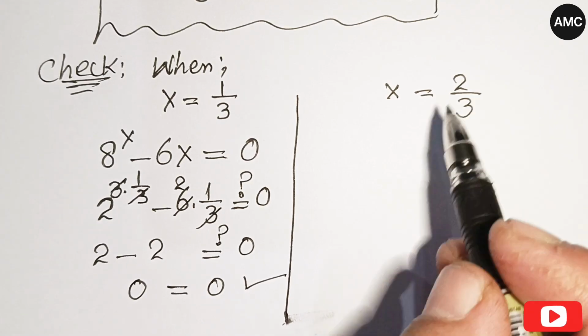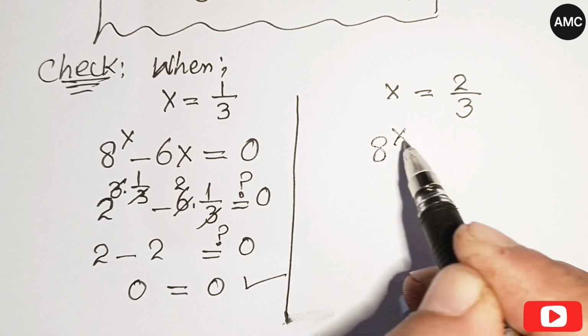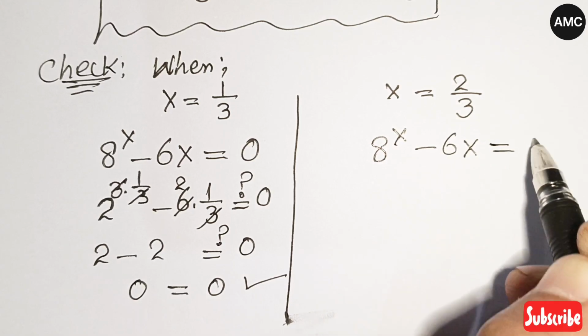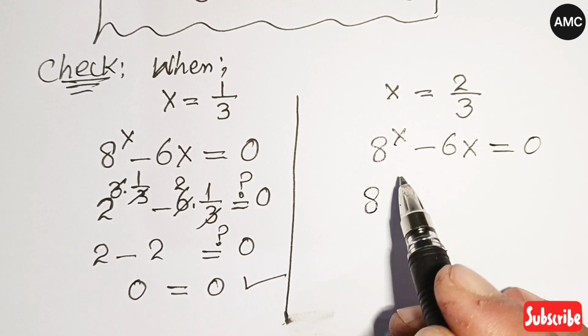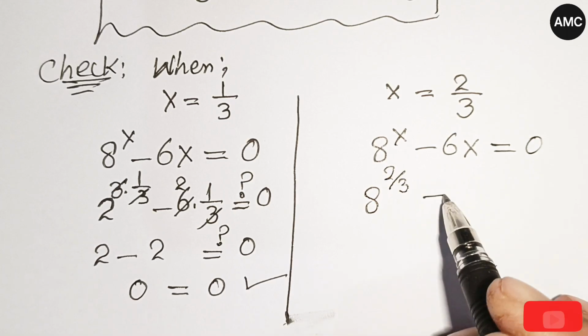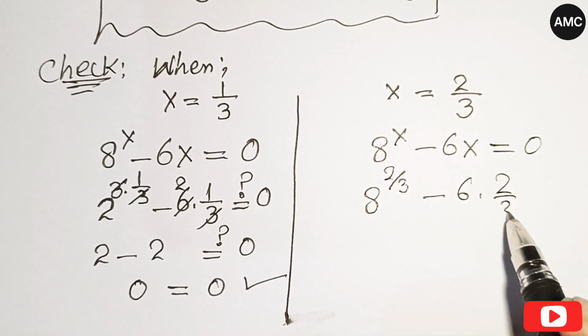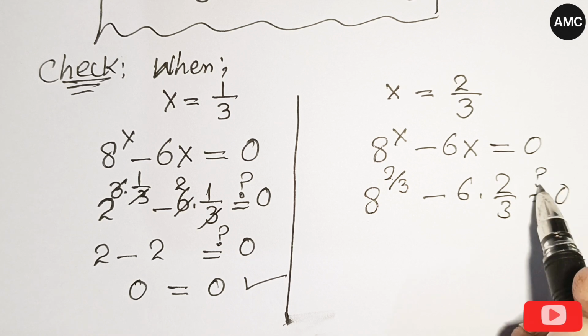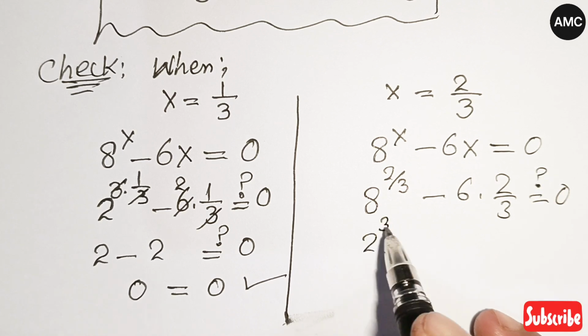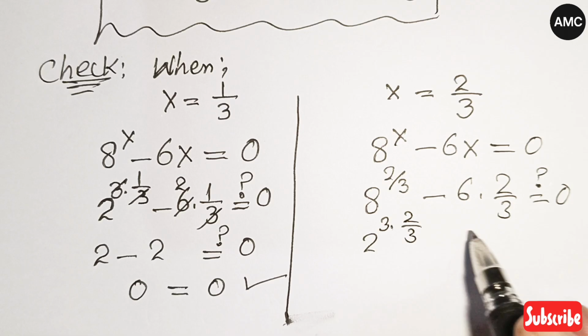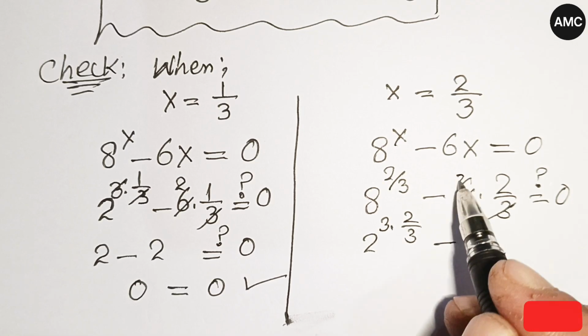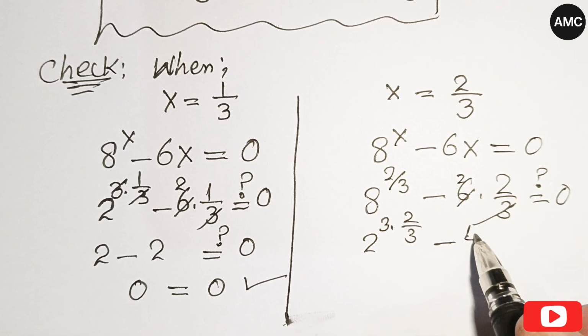Similarly, when x is equal to 2 over 3, we have 8 to the power x minus 6 times x is equal to 0. So 8 to the power 2 over 3 minus 6 times 2 over 3, is it equal to 0? Here we get 2 cubed to the power 2 over 3 minus 4, since 6 times 2 over 3 is 4.